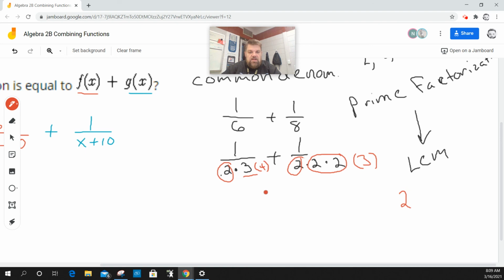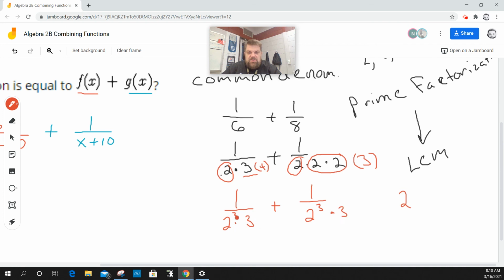Does that make sense? Or an easier way to look at it is technically this has 2 times 3, and this has 1 over 2 to the third power, right? So this has to be 2 to the third power, and this is missing a 3.